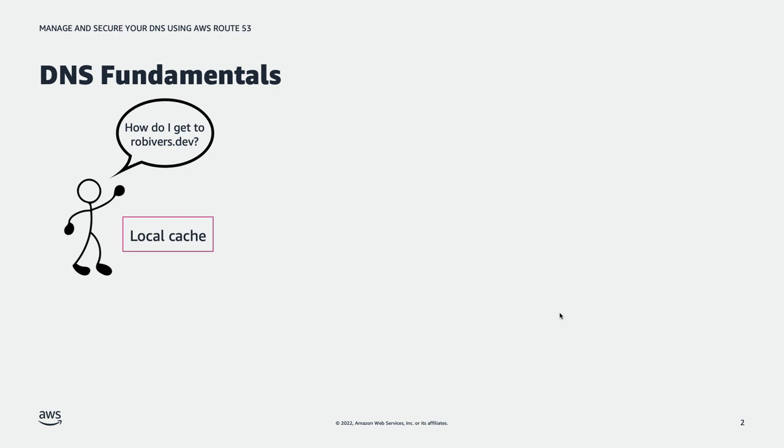So what he first does is he checks his local cache. In that local cache, he doesn't find anything, which is called a cache miss. So he then asks his non-authoritative DNS server, which also has a cache. This setting is usually found in your network settings. If you're on Windows, you can usually find it by clicking on the network item in your taskbar on the bottom right, and then going to network settings and finding your DNS server.